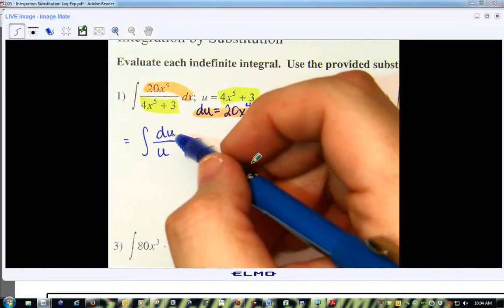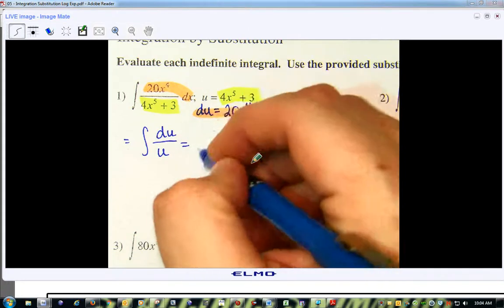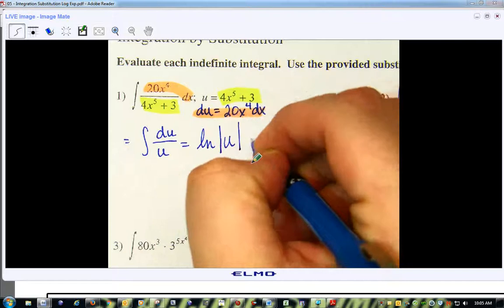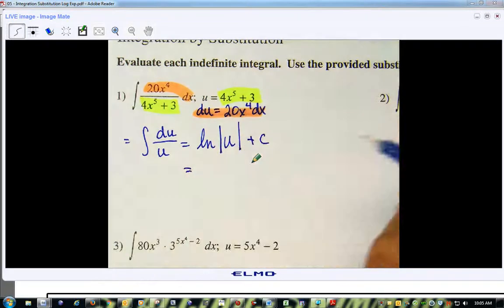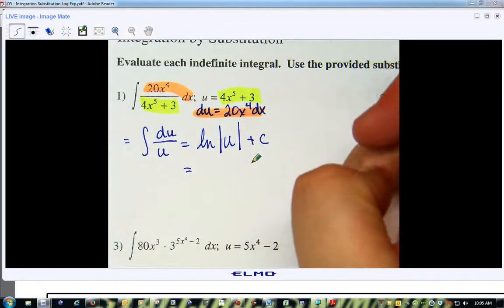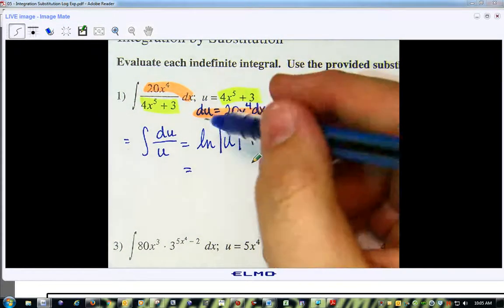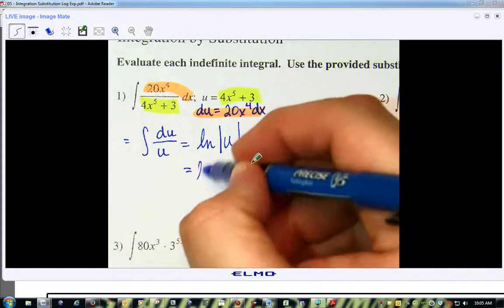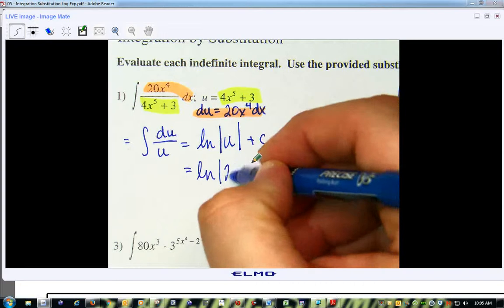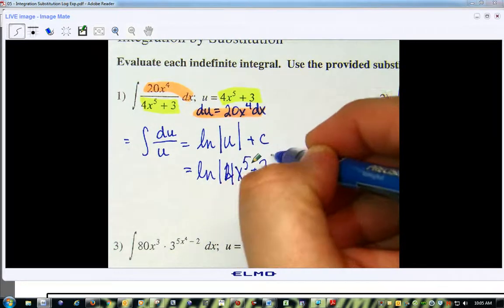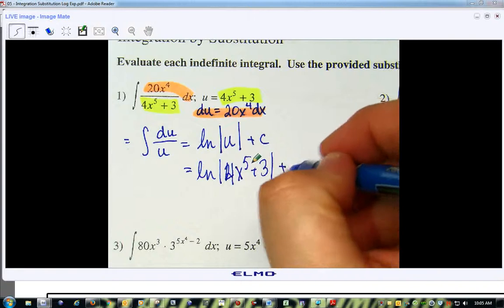So this is going to be the natural log of the absolute value of u plus c. So this is the natural log of 4x to the 5th plus 3 plus c.